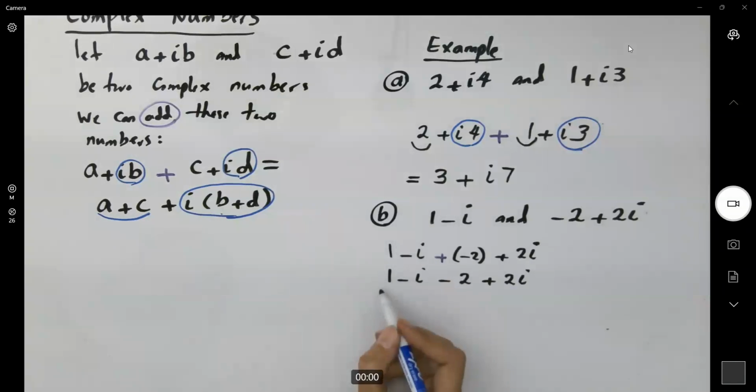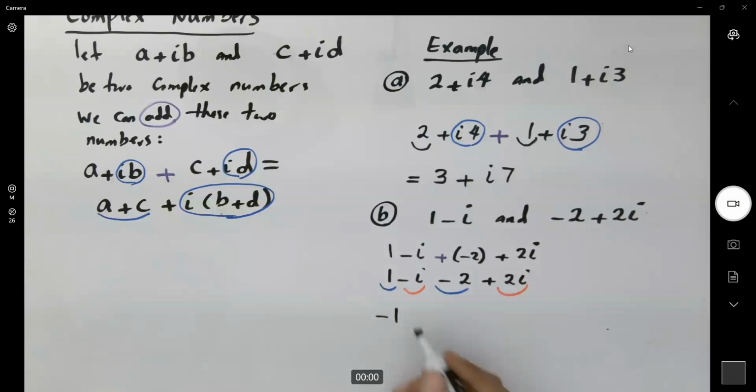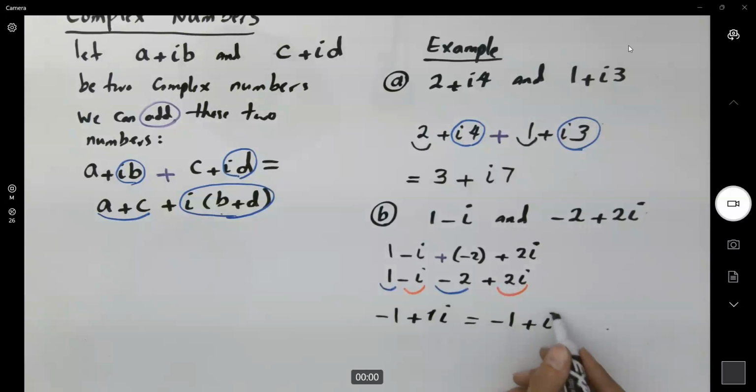Here I have the real part, 1 minus 2 from algebra is just negative 1. And I also have the complex parts, all right? I have negative I plus 2I. 2 minus 1 is 1. I get I back. Plus 1 I, or just negative 1 plus I.